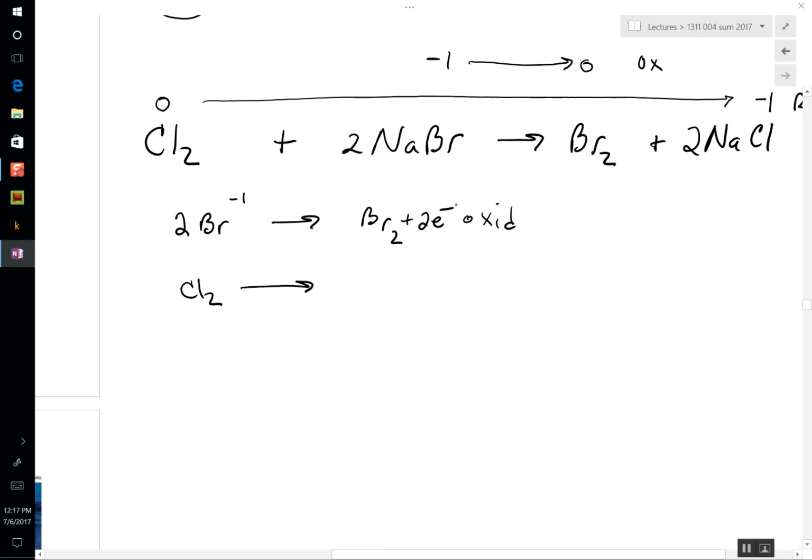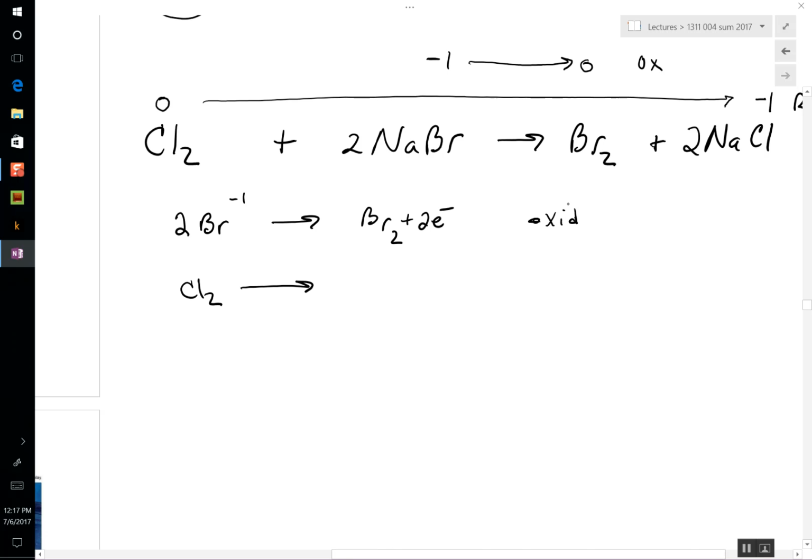The bromide ion is giving up its electron. Each bromide ion is giving up an electron to form a bromine element, atom, neutral atom. Right. That's oxidation.